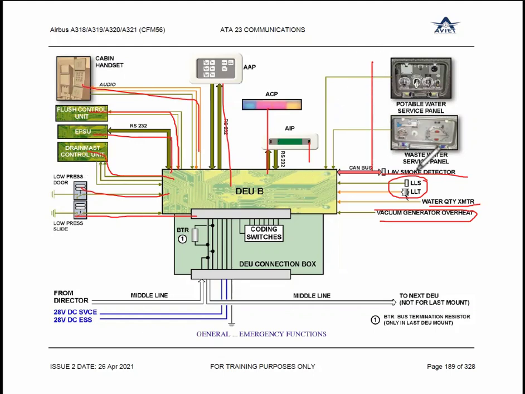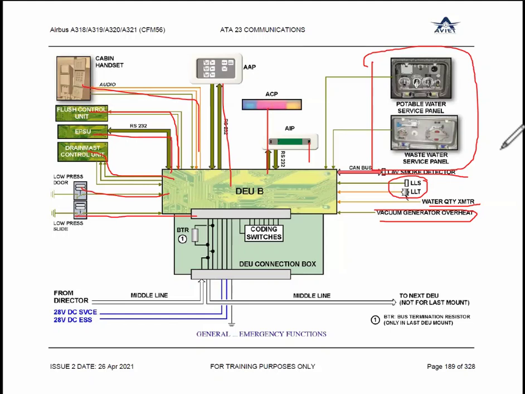Two additional functions are here: potable water service panel and wastewater service panel. What is the purpose? In classic aircraft, if the panel remains open or is not latched properly, cabin crew will not come to know.